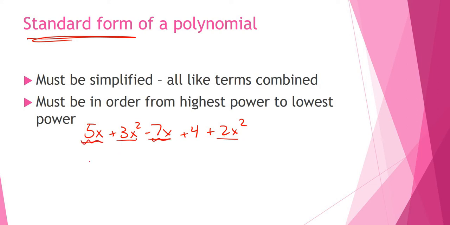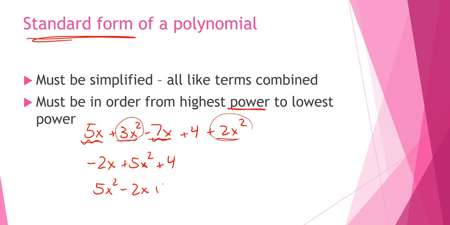So I've got a 5x and a minus 7x, that's minus 2x. I've got a 3x squared and a 2x squared, that's 5x squared, and I've got a 4. The next thing is to put them in order from highest power to lowest. So this is the highest power, second degree, 5x squared, then minus 2x, then plus 4. This is a trinomial, 3 terms. It is a second degree trinomial.